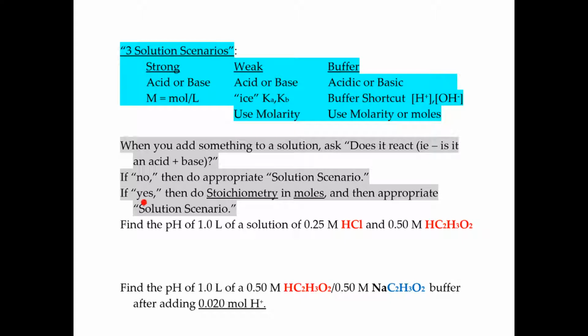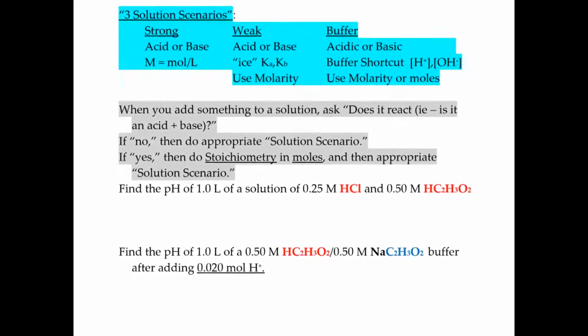If the answer is yes, then you do stoichiometry in moles, like they do react, an acid and a base, they react. You do stoichiometry in moles, and then when you're done, you go back to your appropriate solution scenario. Okay, this process is going to be a pretty detailed process that we're going to practice a lot on. So let's move on to the first example.